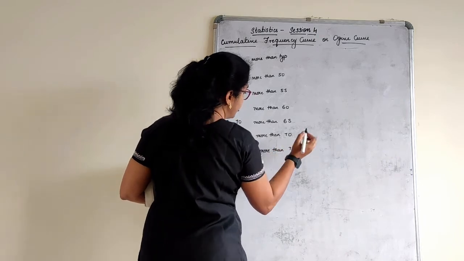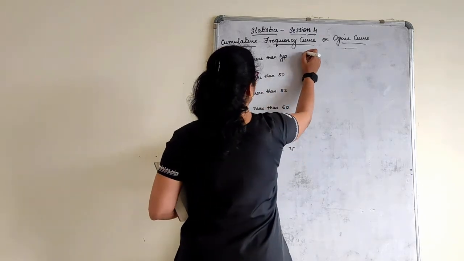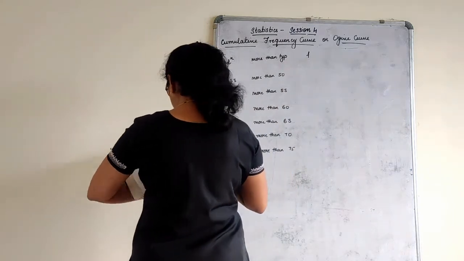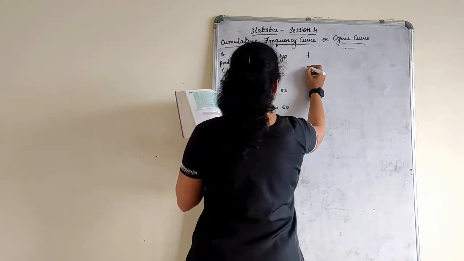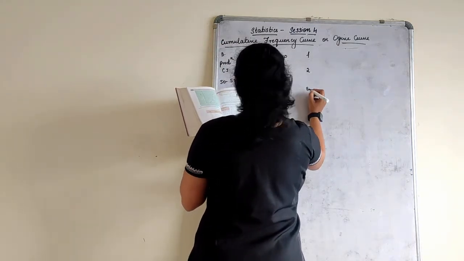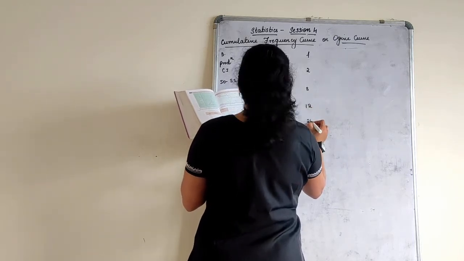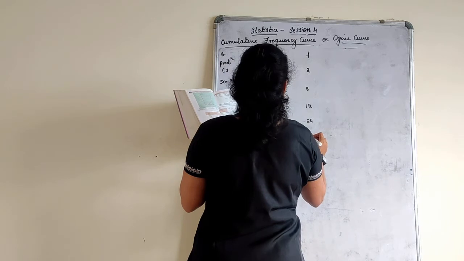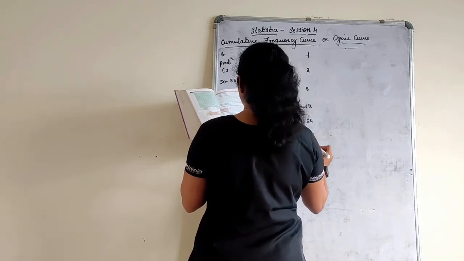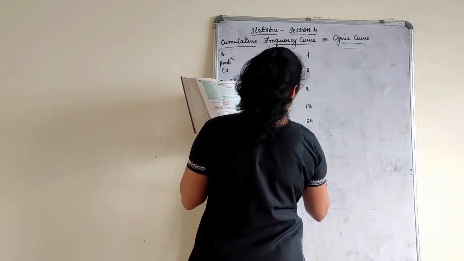More than 75. Okay. Write the frequencies. Given frequencies. It is 2, 8, 12, 24, 38, 16. So n is what here?